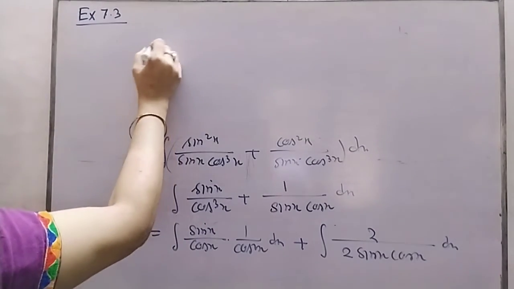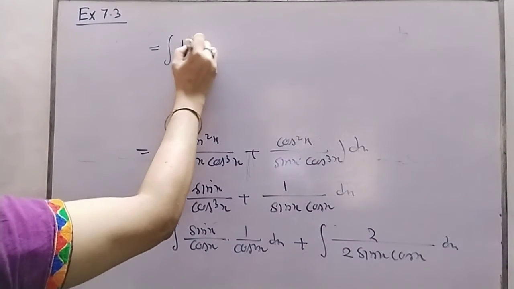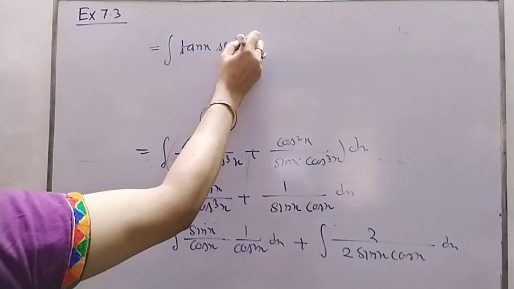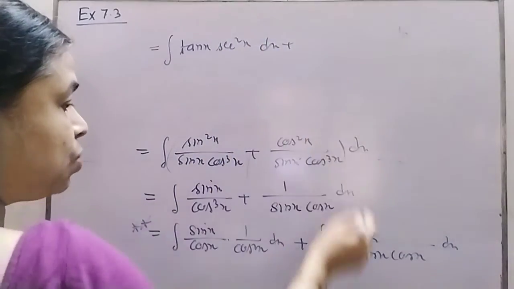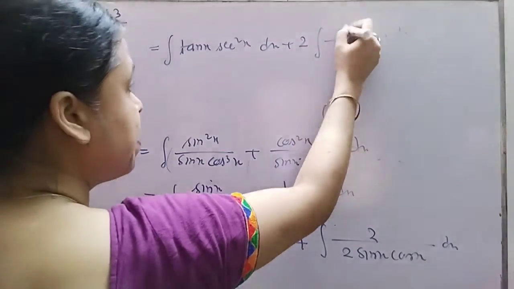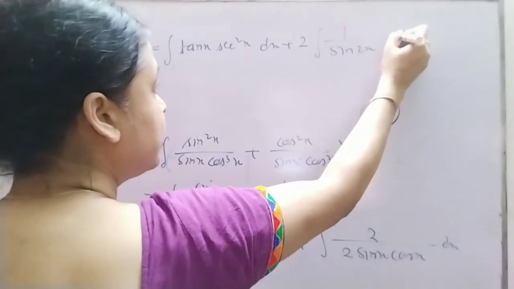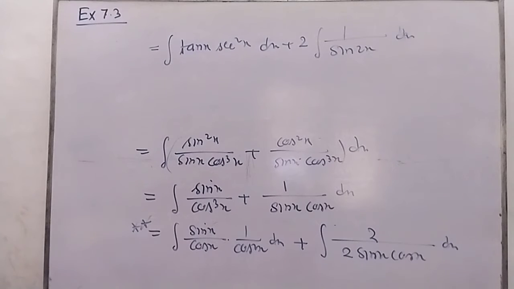So this is equal to tan x into sec²x into dx plus 2, but I write down the denominator as sin 2x into dx.